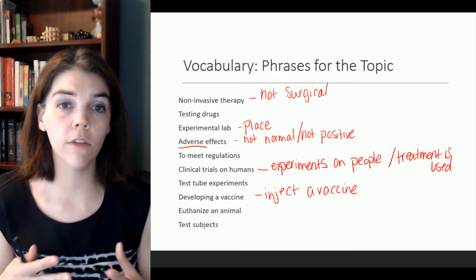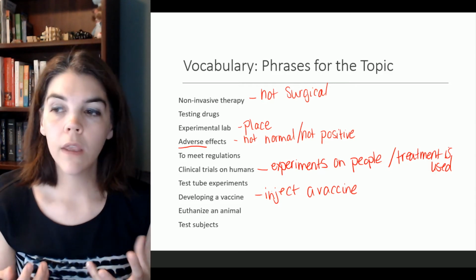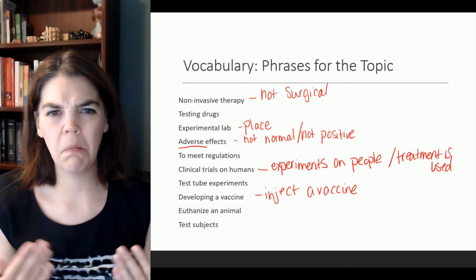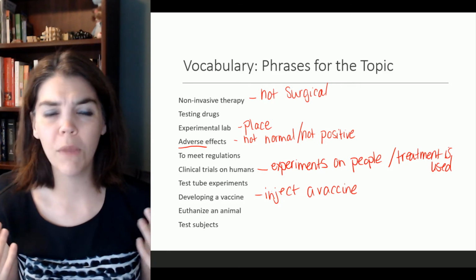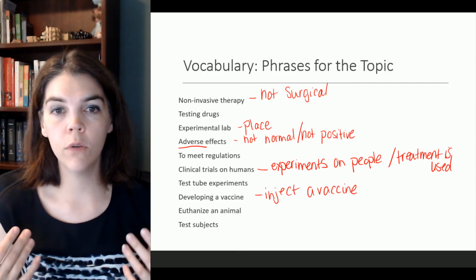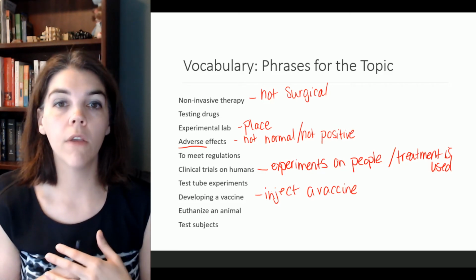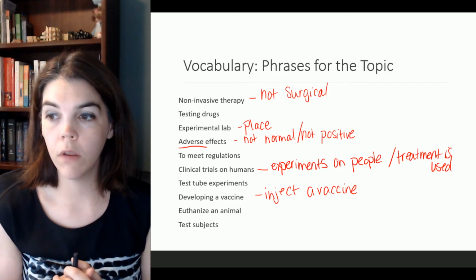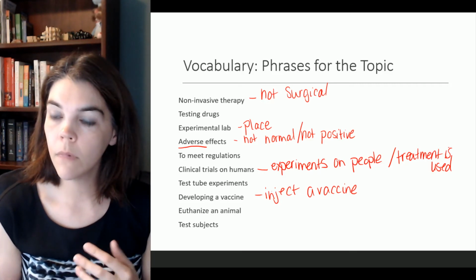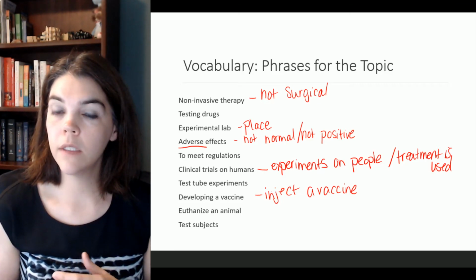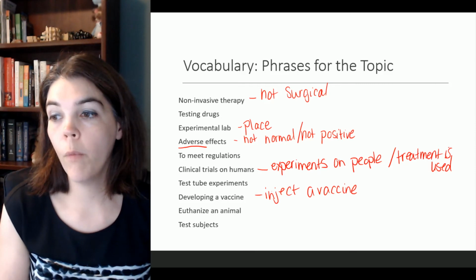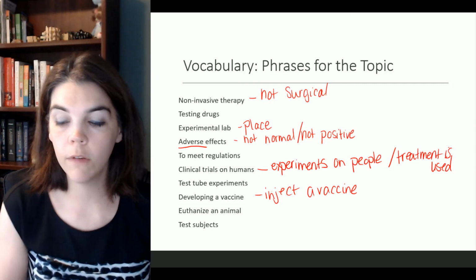And euthanize is different than kill. Kill could involve cutting their heads off or something horrible. But euthanize is usually they inject a drug that causes their hearts to stop and their lives end. And then test subjects is a way of referring to animals that are being experimented on.